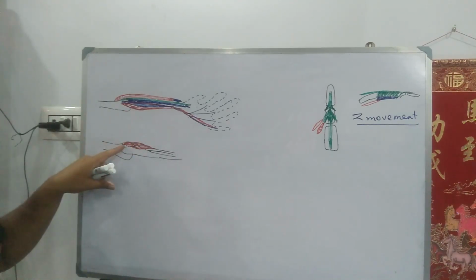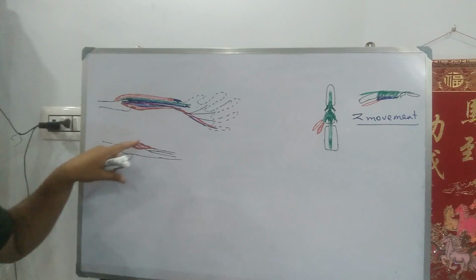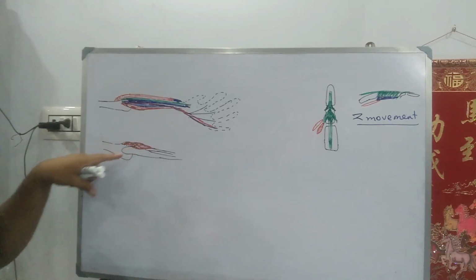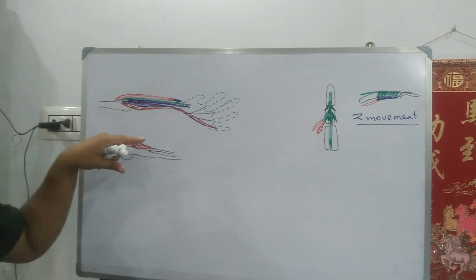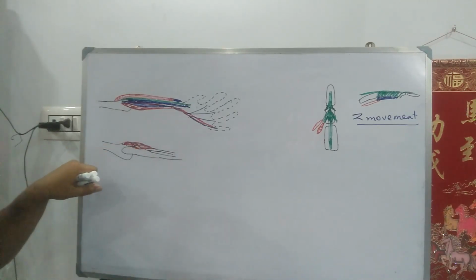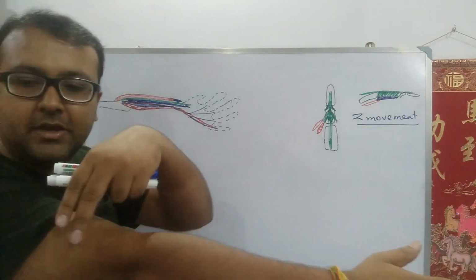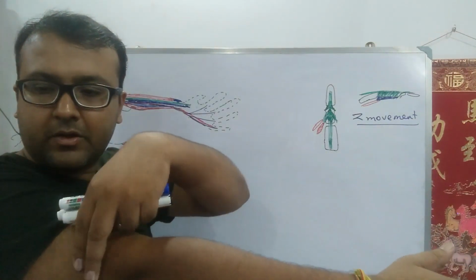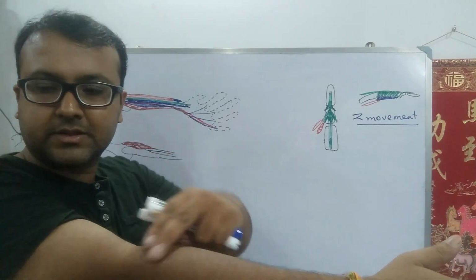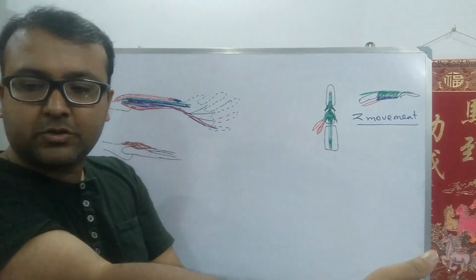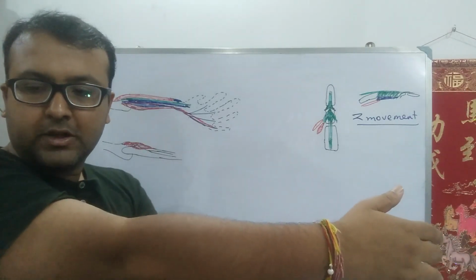On the other side it is attached over here. So by looking at the direction of the fibers, can you tell me what will happen if this muscle gets pulled? These fibers are present from here, somewhere over here, and they are coming in this manner. So if it is getting pulled, then what will happen?